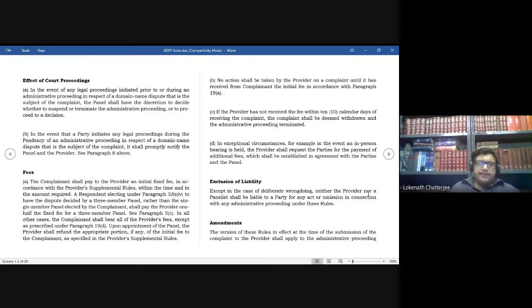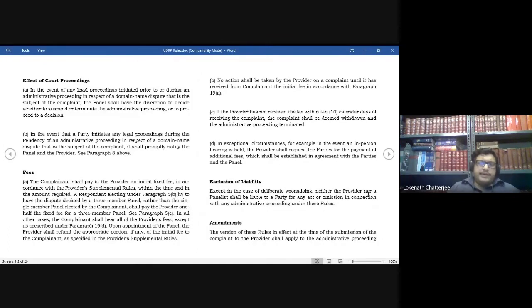Now, what is the effect of court proceedings as per these rules? Legal proceedings initiated prior or during the administrative proceeding in respect of a domain name dispute: whether it should be suspended or terminated or proceed to a decision, the panel would decide.